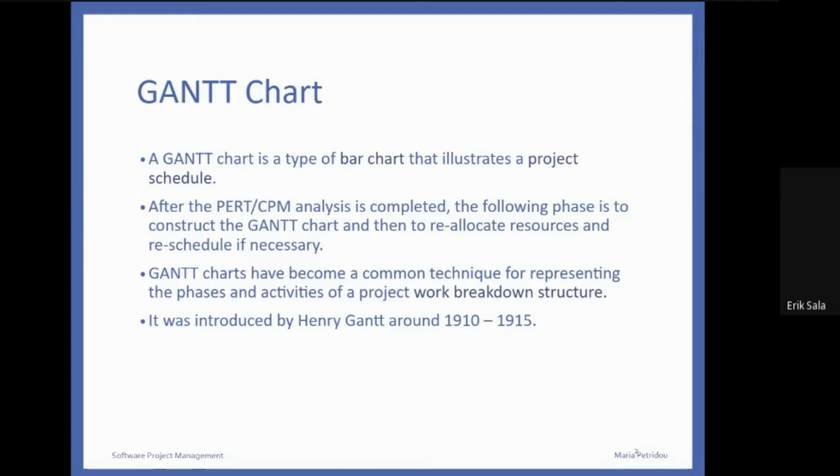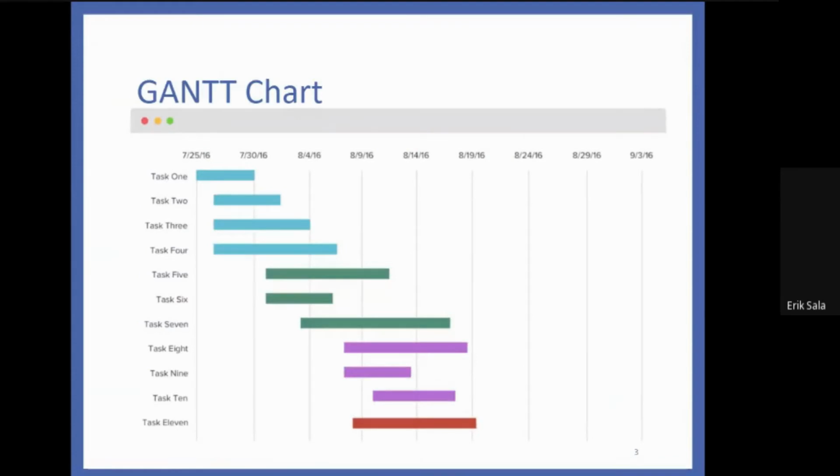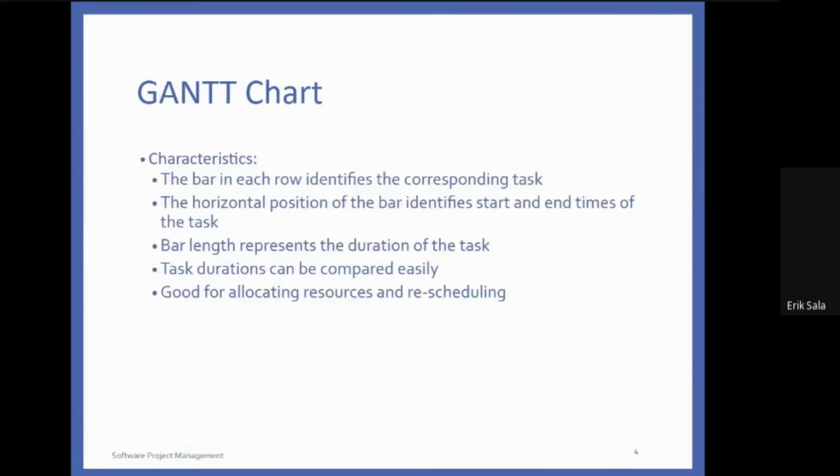And then Gantt charts have become a common technique for representing the phases of activities of a project work breakdown structure. It was introduced by Henry Gantt around 1910 and 1915. It looks similar to this, but it could of course change based on things that you might want to add to it, like the division of workload, the resources, and other things.